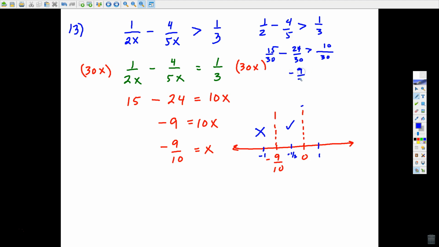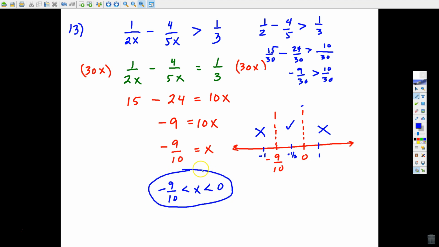So -9/30 is not greater than 10/30. So these do not work. So my final answer, after all that work, is all the numbers in between -9/10 and 0. That is my final answer for number 13.